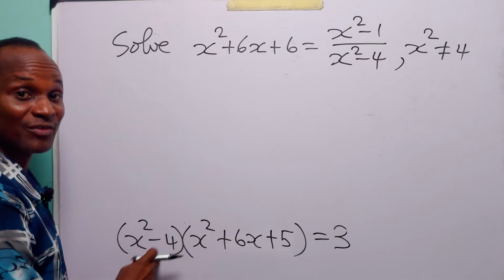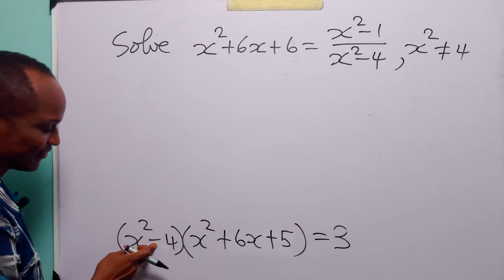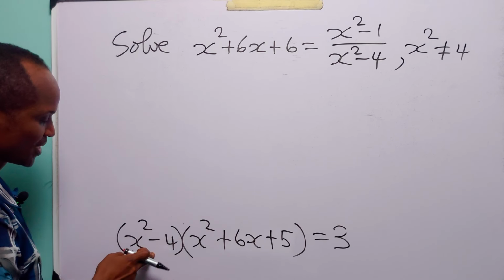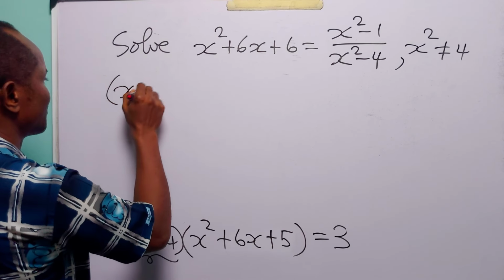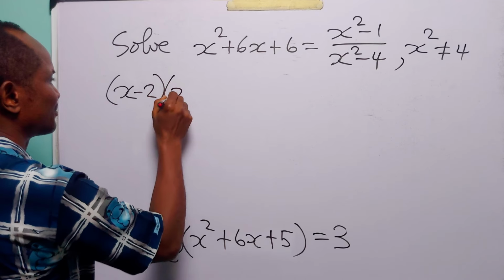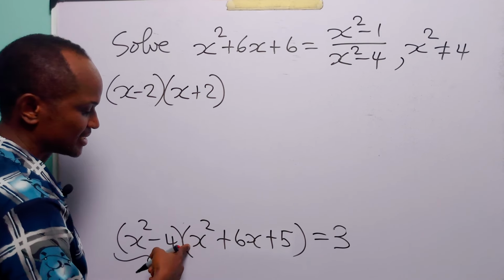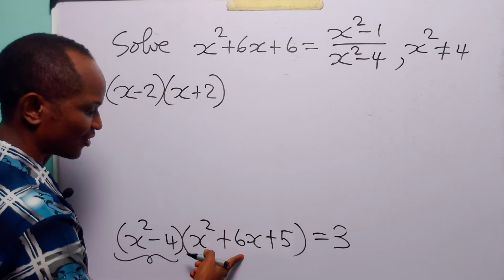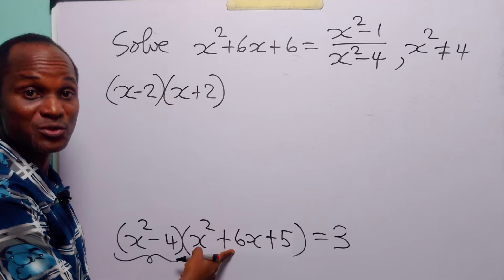Now, notice that we can factorize these two quadratic expressions. Of course, here we have the difference of two squares. 4 is 2 squared. So we can factorize this as (x minus 2) multiplied by (x plus 2). Now here, since the coefficient of x squared is 1, all we have to do to factorize this is to find the factors of 5 that add up to 6.